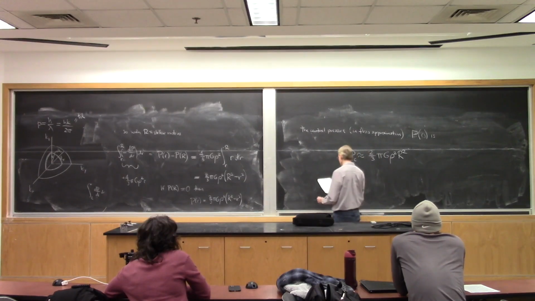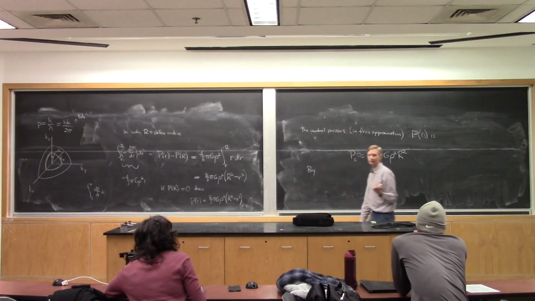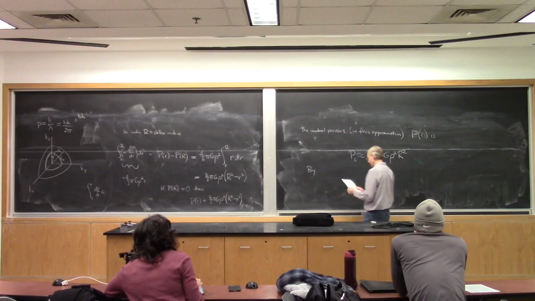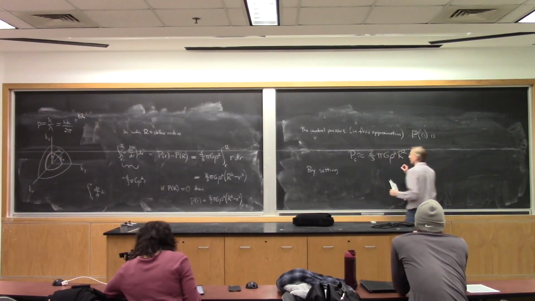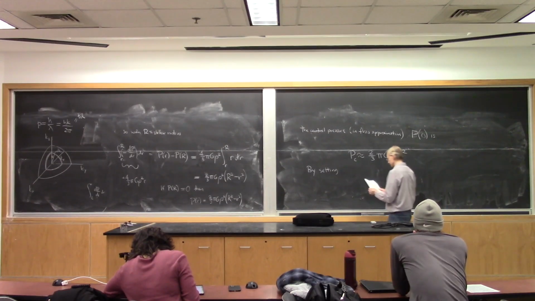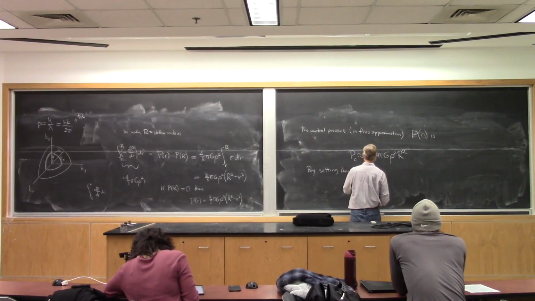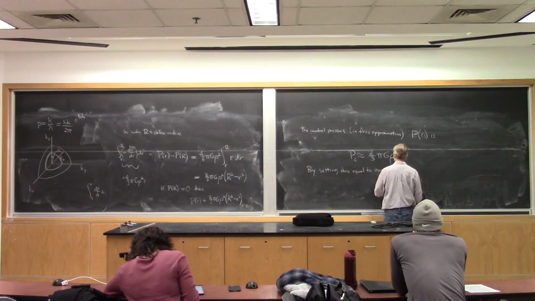And now what we're going to do is set this equal to our expression for the degeneracy pressure, because why not? By setting this equal to our expression for the degeneracy pressure, we could solve for R and get an expression for the radius of our white dwarf.